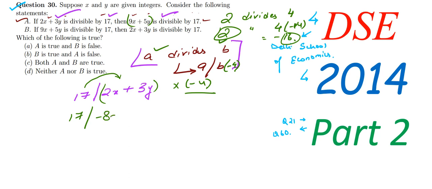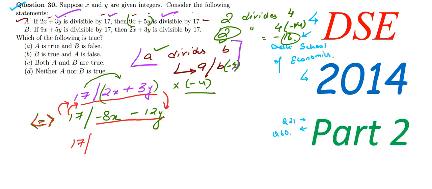So we will get here minus 8x minus 12y. So here we have 17 divides minus 8x minus 12y, and this works on both the sides, that it implies forward and backward. That is, if 17 divides minus 8x minus 12y, then it will also divide 2x plus 3y. So this is a two-sided implication, that is, this statement can imply that statement, as well as that statement can imply this statement also.